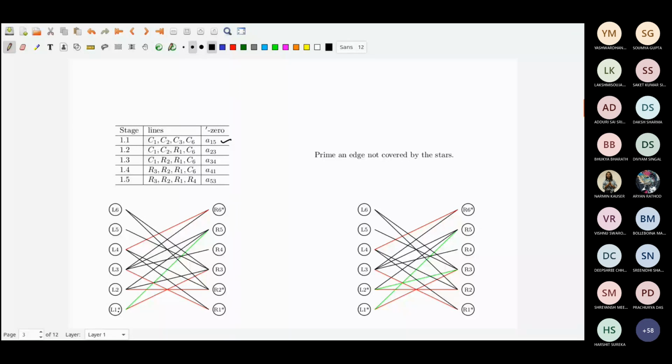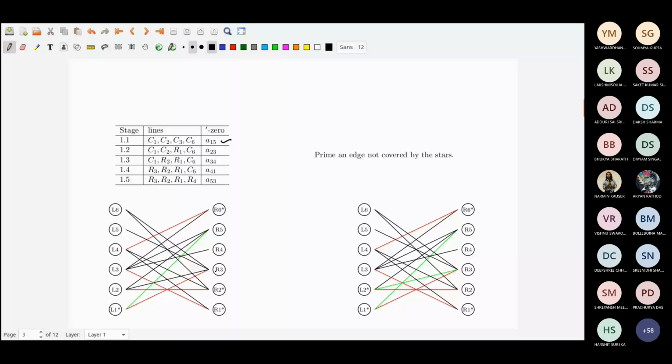Since the top row stands for L1, I am looking at L1. Well, anyone in the top row will have L1 star as endpoint. So I must look at L2. Now L2 goes to R2, R2 is a star. L2 goes to R3, and neither L2 is a star nor R3 is a star. So I must have found A23 after this.